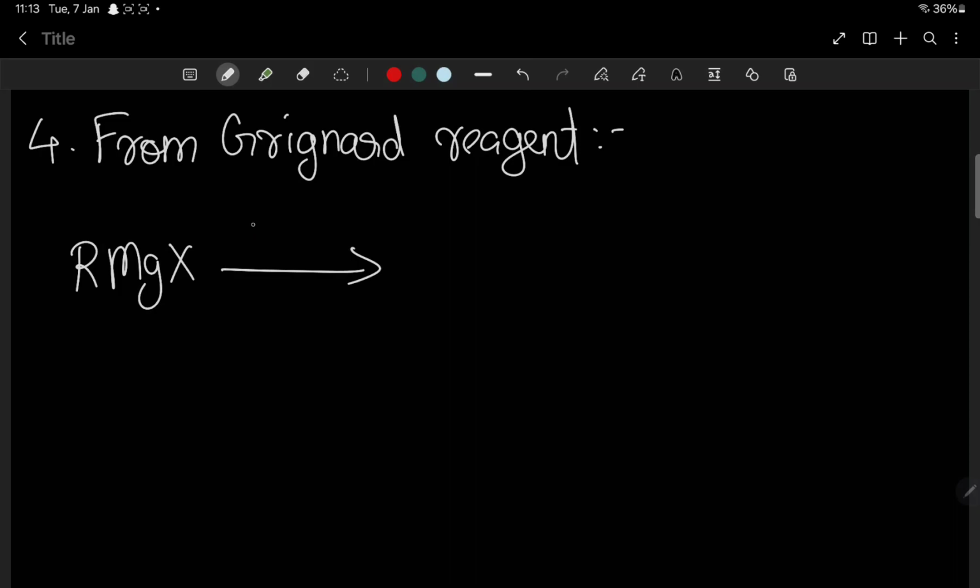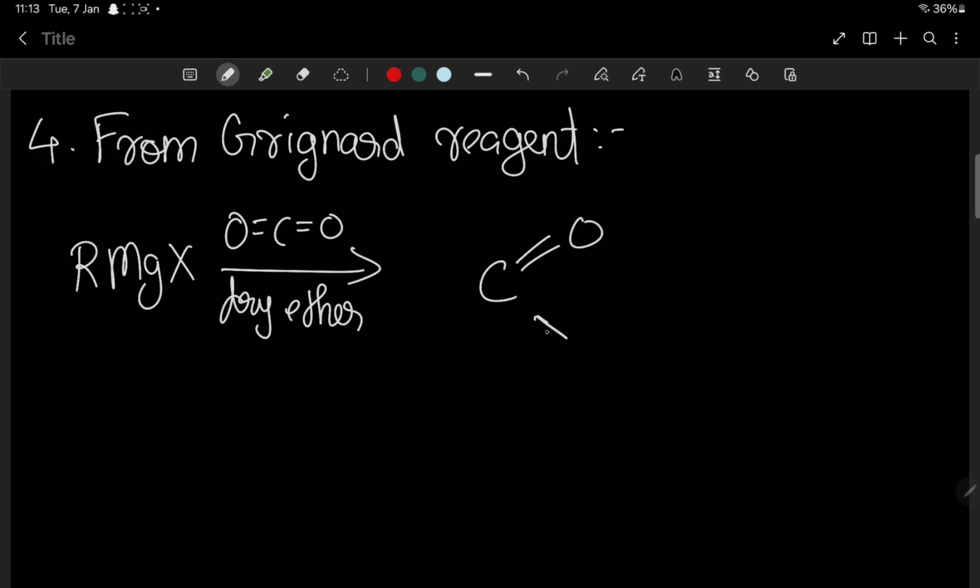Into this Grignard reagent add carbon dioxide in dry ether medium. What happens is that one of the carbon-oxygen double bonds breaks, and that carbon goes to this R, and the rest is O minus MgX, O minus Mg plus.